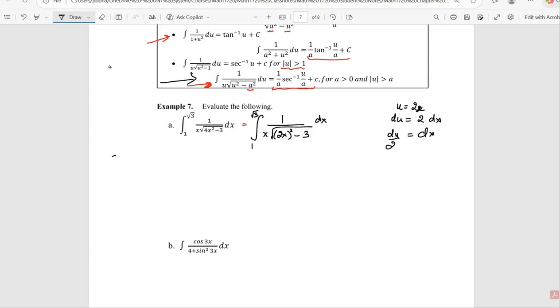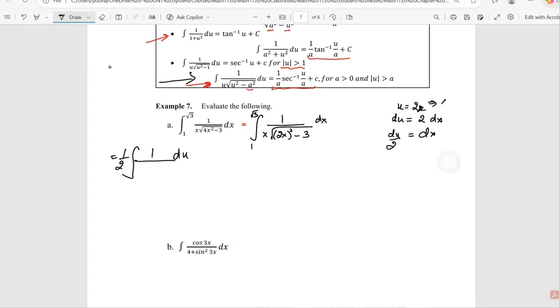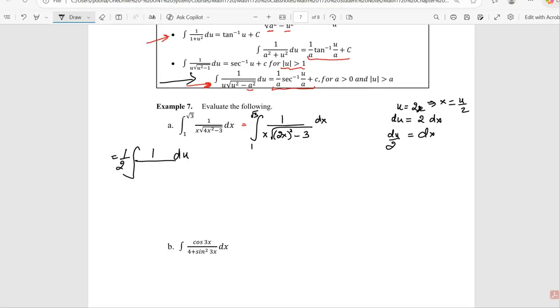Okay, let's write down our substitution. The integral, du by 2 comes outside. x will become, from here, x would be u by 2, square root of, this 2x becomes u square minus 3.